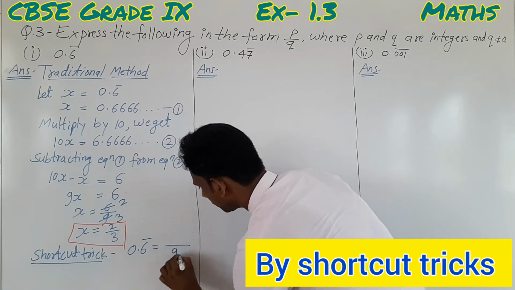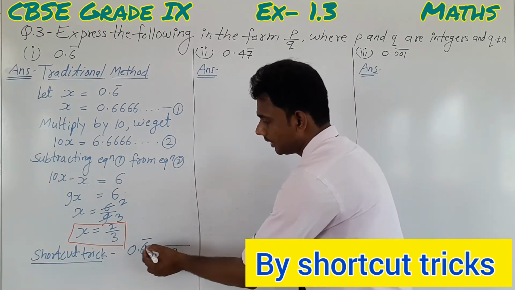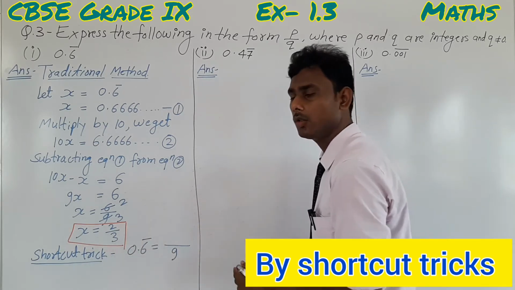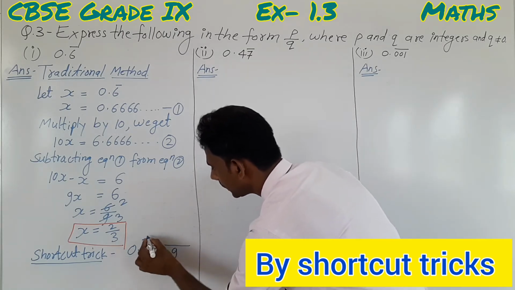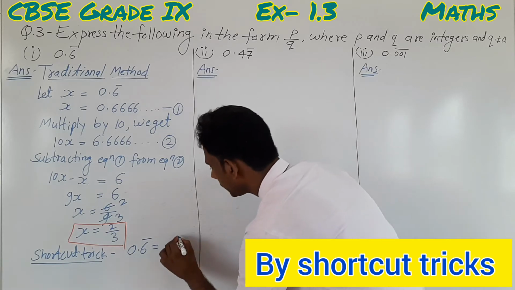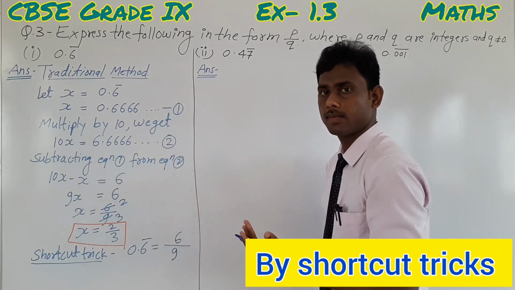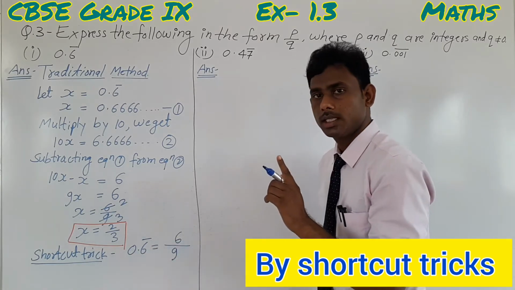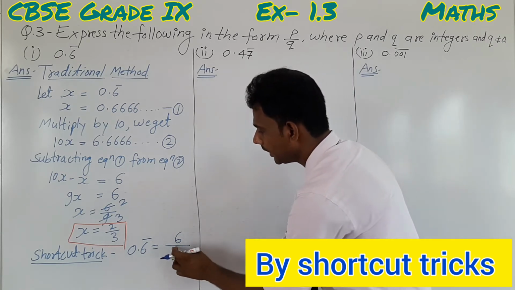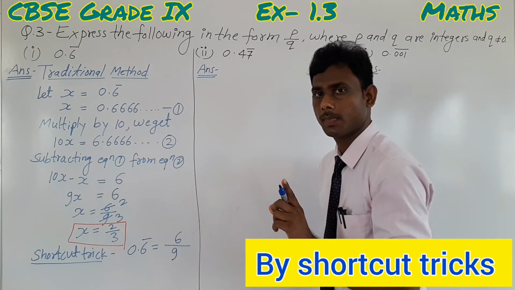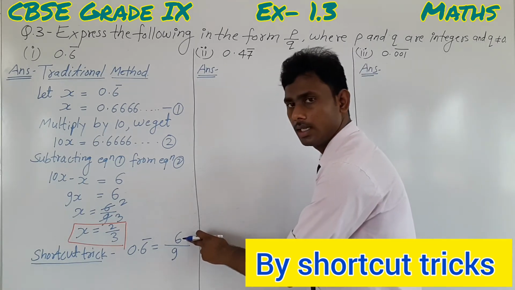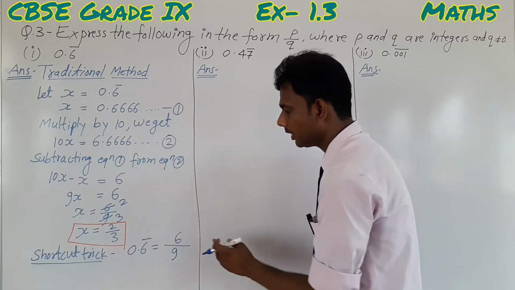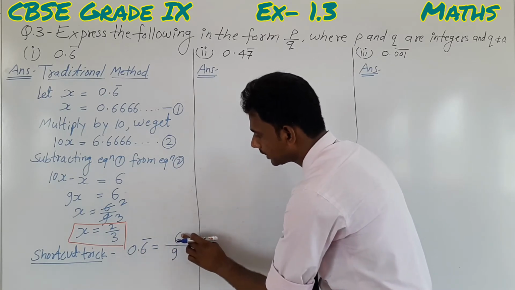If one digit is recurring, then in the denominator you write 9, and in the numerator you write the digit after the decimal, which is 6. I repeat once again, this is the shortcut trick. So 0.6 bar equals 6 upon 9.